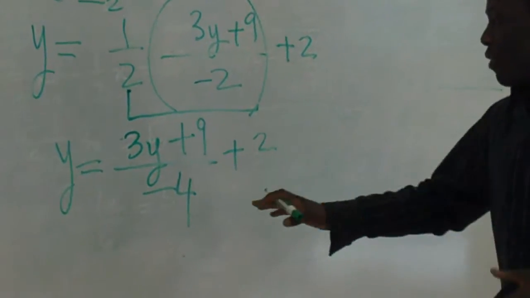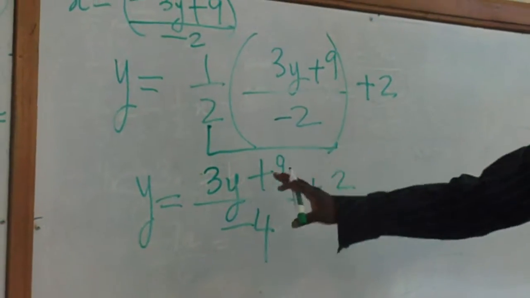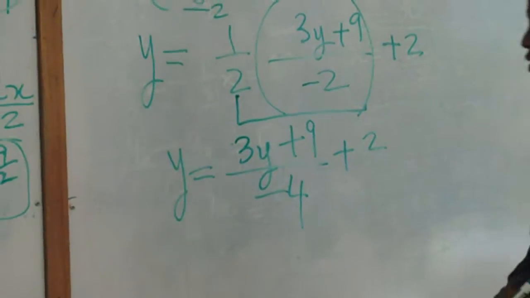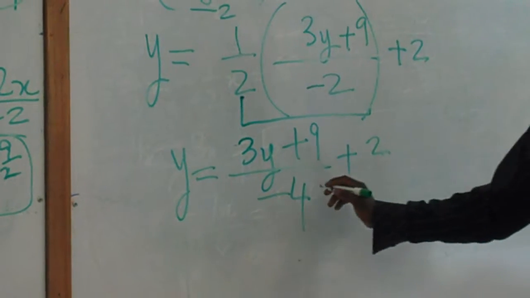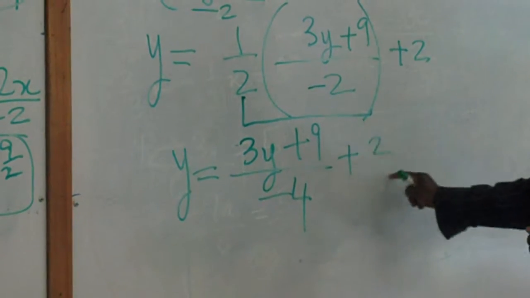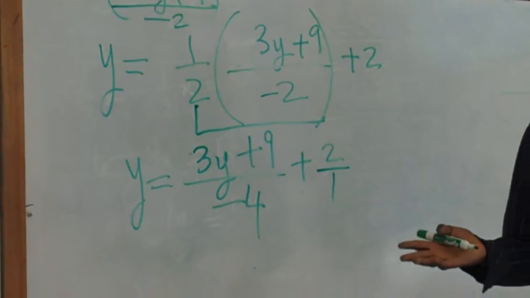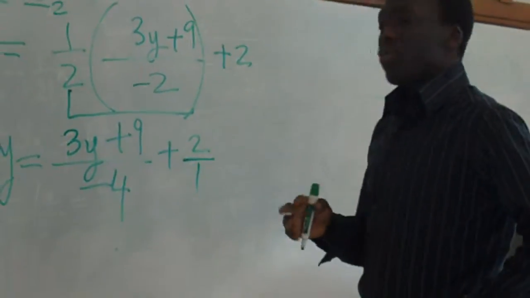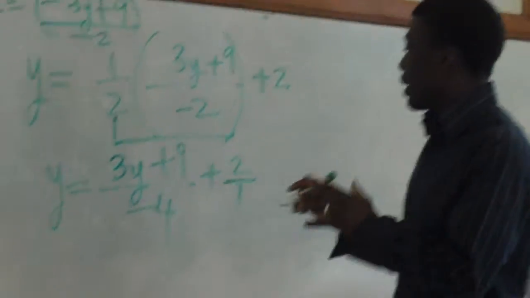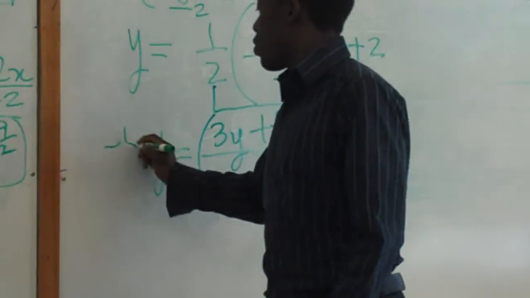We can try and get rid of the minus 4 from the bottom, so we can multiply this side by minus 4 and this side by minus 4. But if you want to be brave and strong, you can also try adding a fraction to a whole number, treating the denominator as 1. So you pick which one you want to do. But for time reasons here, we're just going to multiply by minus 4 and minus 4.